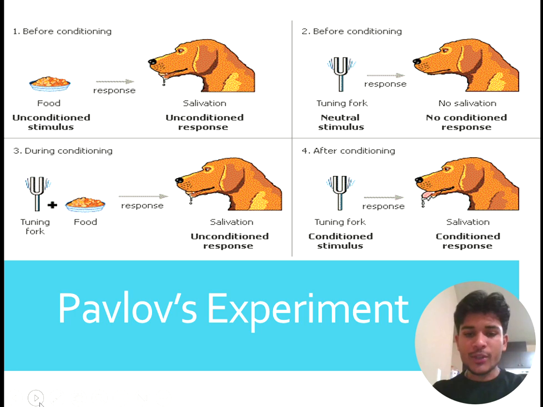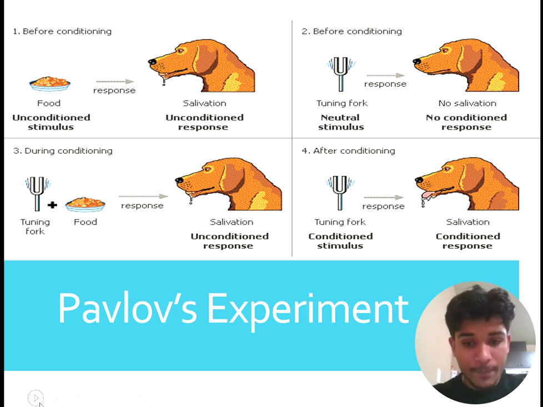This step Pavlov repeats again and again. Whenever he gives food to the dog, he always rings the tuning fork, day after day. In the end, whenever Pavlov rings the tuning fork, the dog automatically starts salivating.